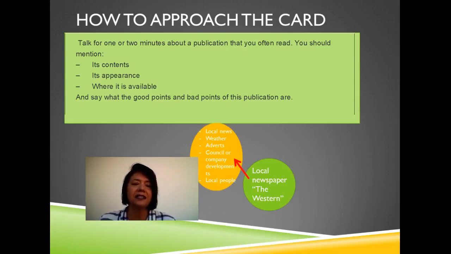Just write a little list. Then what's next? Its appearance, what it looks like. Be specific, imagine it. So I've said mine is a typical half-side newspaper, black and white, some colour pictures, but mostly black and white.